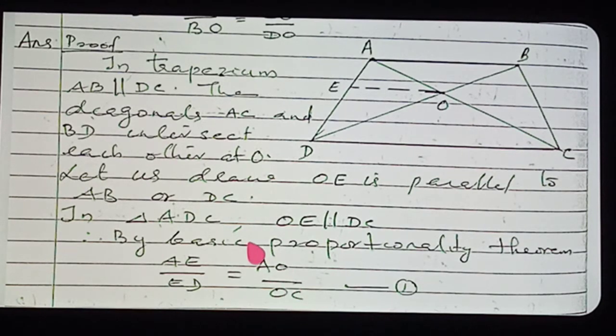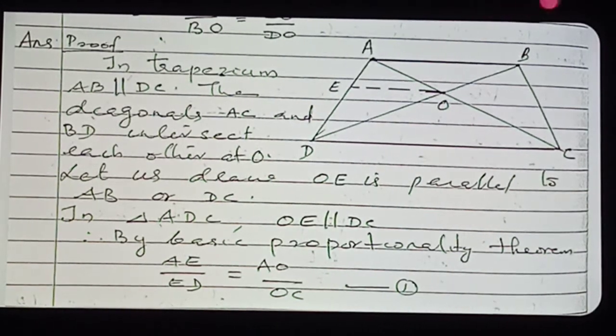And similarly, now you know this. In the same way, you can say EO is parallel to another side also. Which side? AB. So in that case, which triangle will you take here? If EO is parallel to AB, then which triangle will we take?